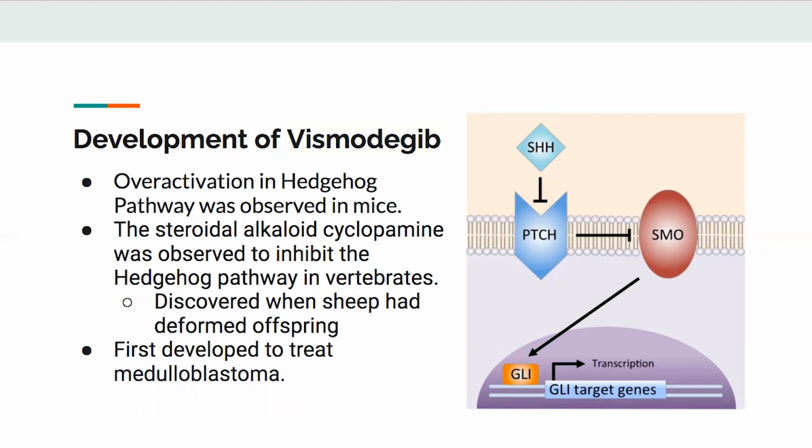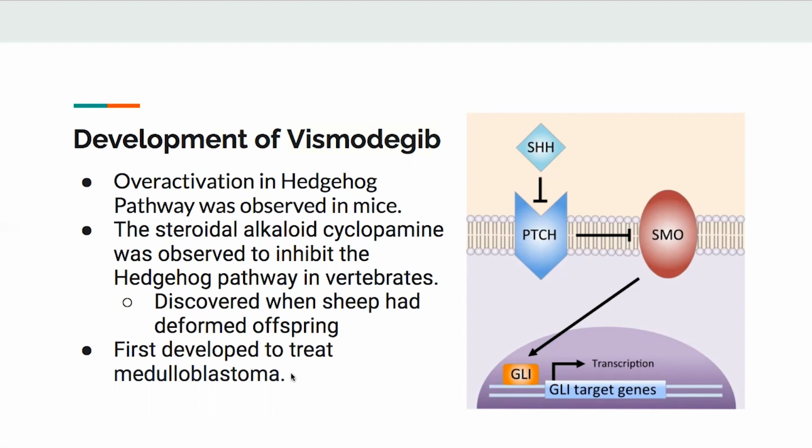And they realized that it was because they were consuming a plant called the corn lily, which naturally contains cyclopamine, and cyclopamine binds to smoothened and inhibits it, basically replacing PTCH. And vismodegib was developed as a functional analog to cyclopamine.